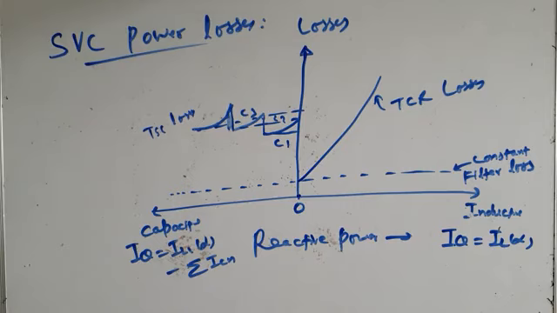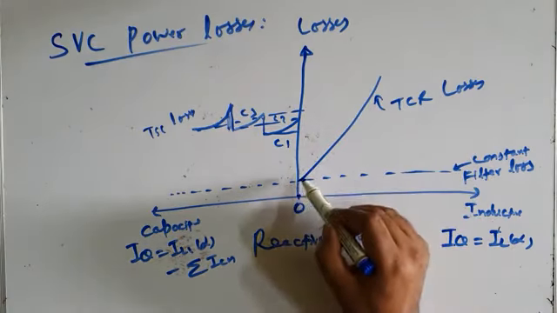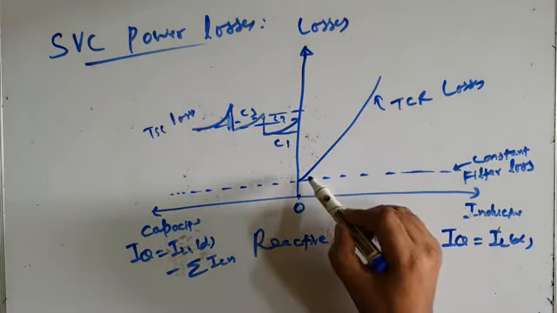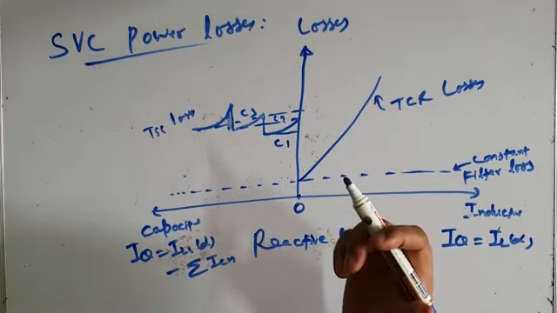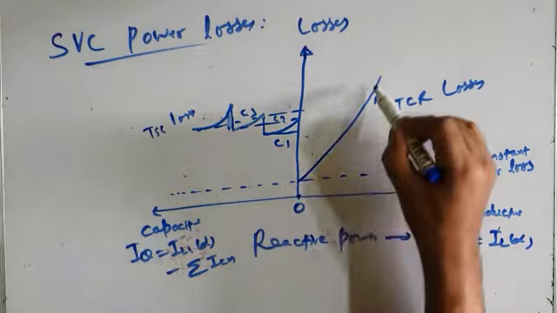But in addition, if this surplus capacitive current has to be absorbed or cancelled by the TCR, that means if the TCR has to absorb the surplus reactive power, then the TCR will be on. And as the delay angle of the TCR is decreased, as the TCR current increases for cancelling more and more capacitive current, for absorbing more and more surplus reactive power, the TCR losses will increase.